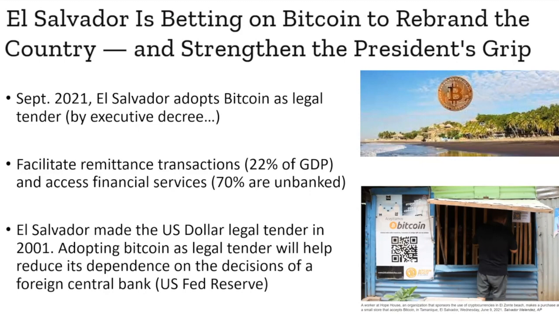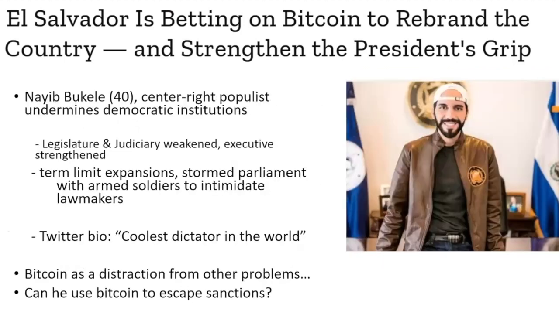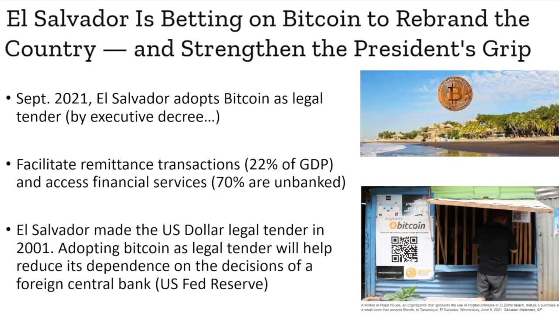What I'll say is that this leader right here, Nayib Bukele, is an interesting character. He's, I guess you'd call, a center-right populist. He's an outwardly millennial. He's 40. And if I go back one slide, he's talked a lot about some of these problems in El Salvador, but also issues with his government previously adopting the US dollar as the El Salvadorian currency, right?